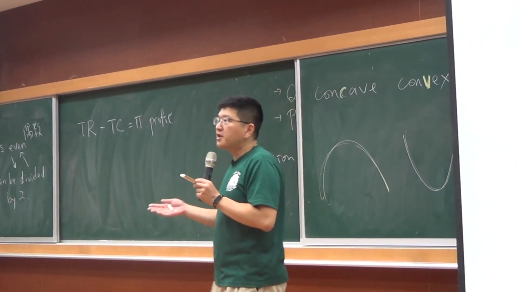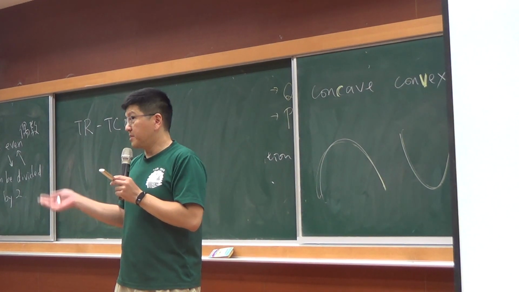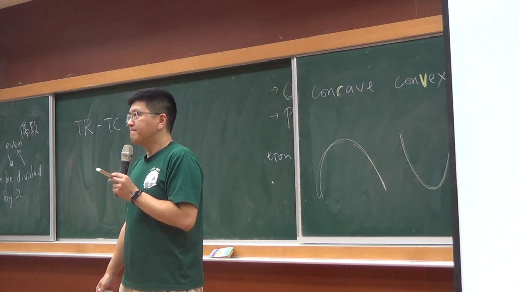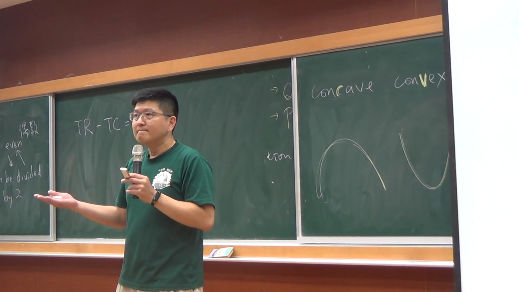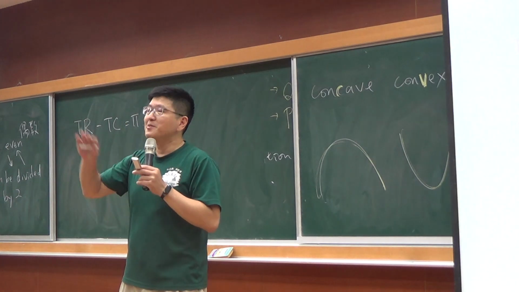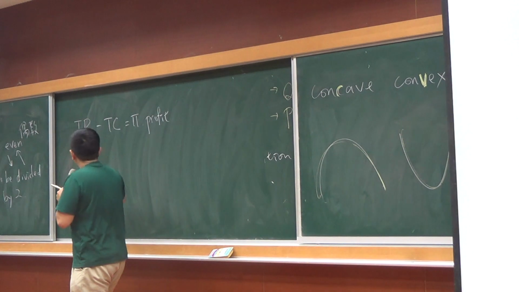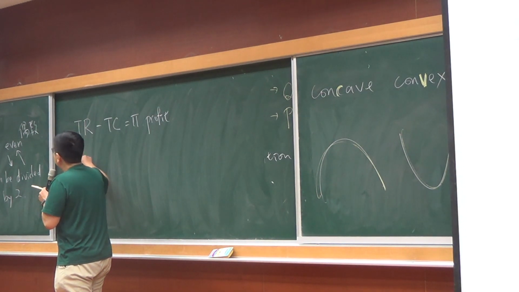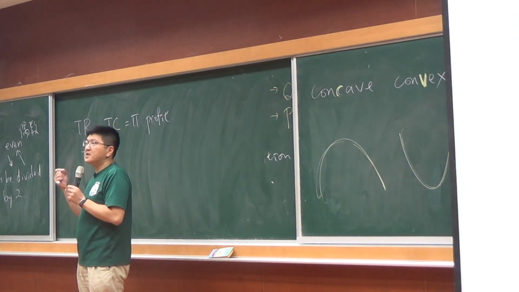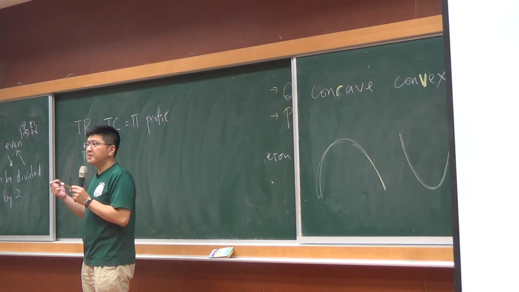If you are a firm, you want to pursue a maximum of profit or minimum of profit. Hello guys, you are economics students? You want to maximize the profit, right? So we want to find the maximum, or we want to find out the quantity Q which leads to a maximum profit.